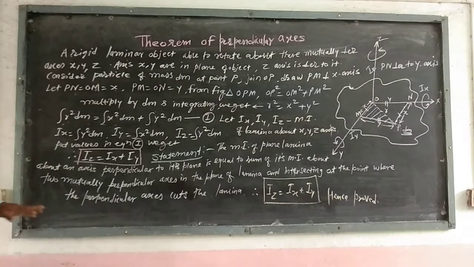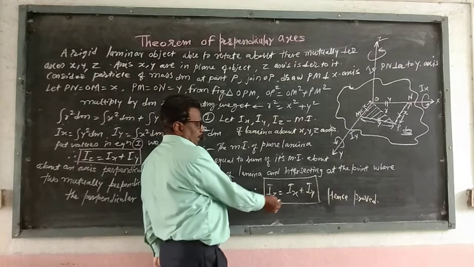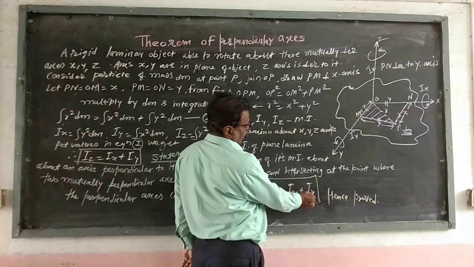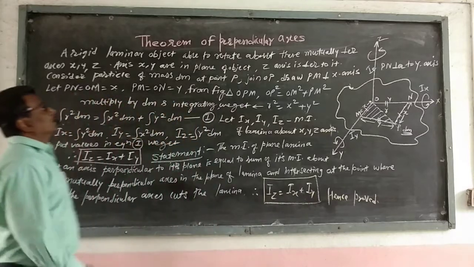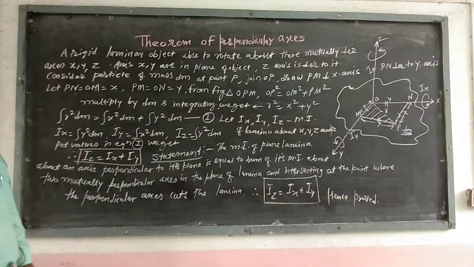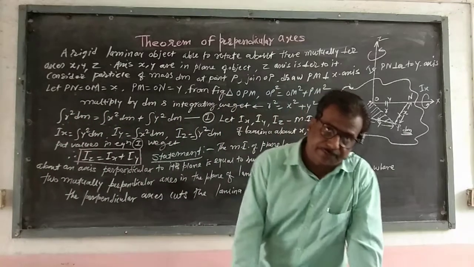That means mathematically we can write Iz is equal to Ix plus Iy. So that is the proof of the theorem of perpendicular axis. This question should be asked for 3 marks.